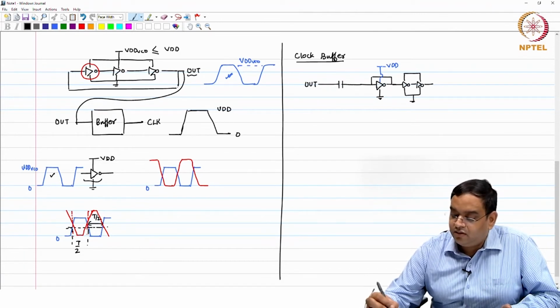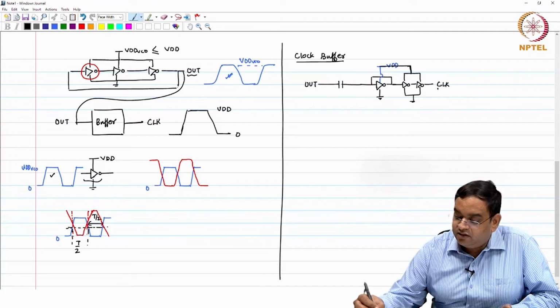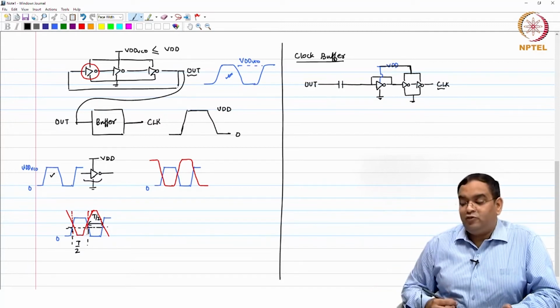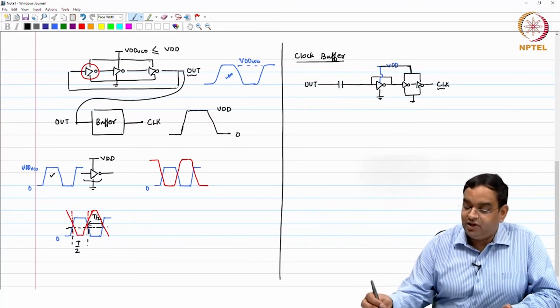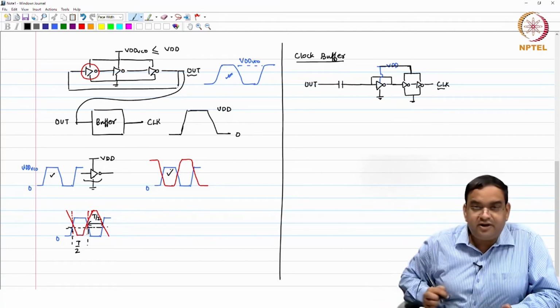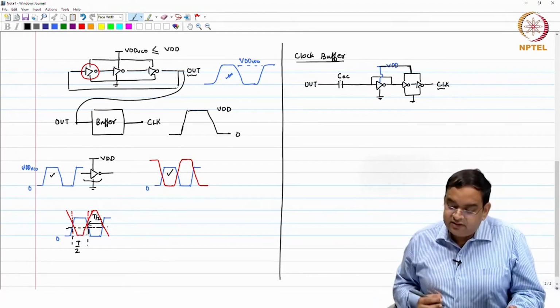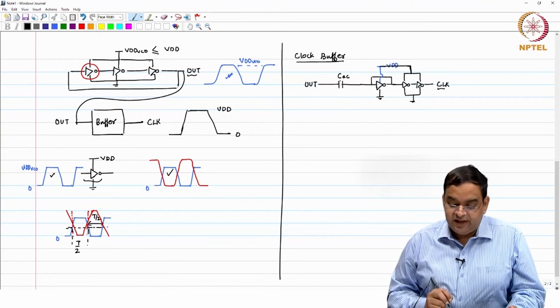So, if you look at the clock here, this clock will have full swing and it will actually have a 50% duty cycle if you have a symmetric waveform here. This capacitor is the AC coupling cap, which is CAC.